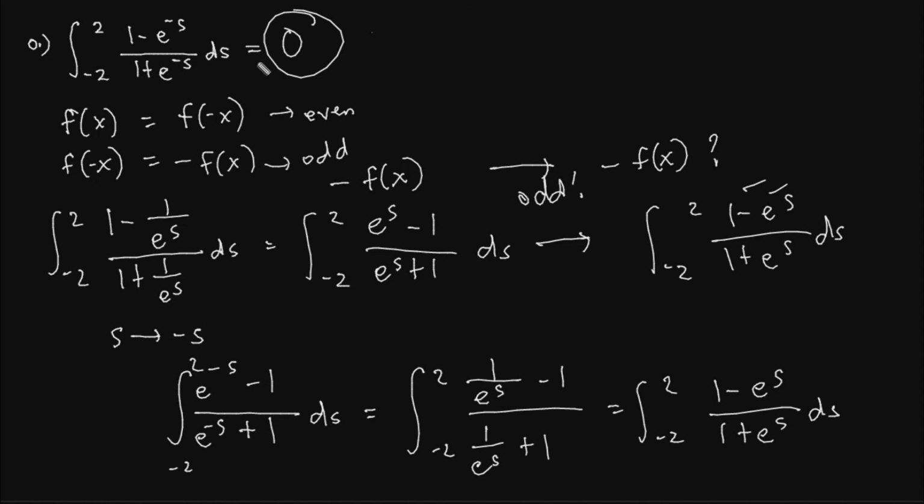And knowing that this is an odd function, where you have a lower limit negative a and upper limit positive a, or negative b to positive b, if that is the case and your integrand is odd, then you should be getting a value that is 0. And of course, that is a case-to-case basis.